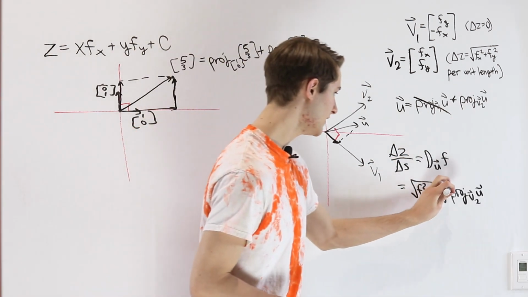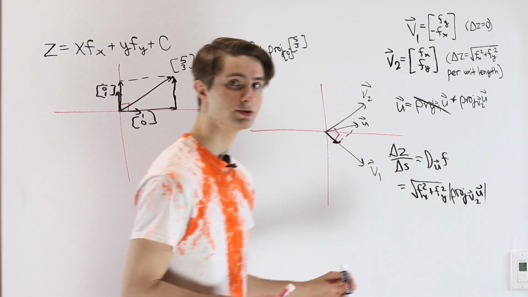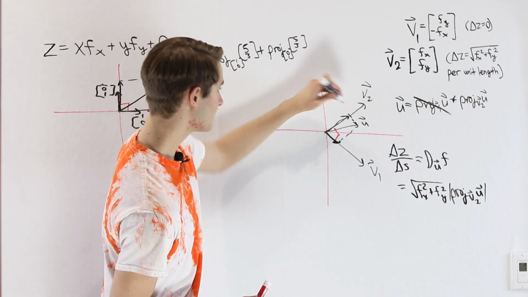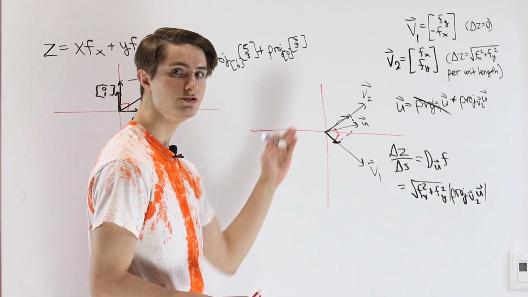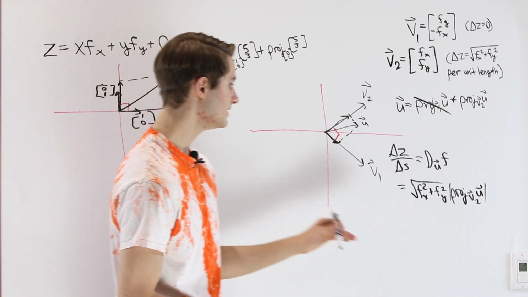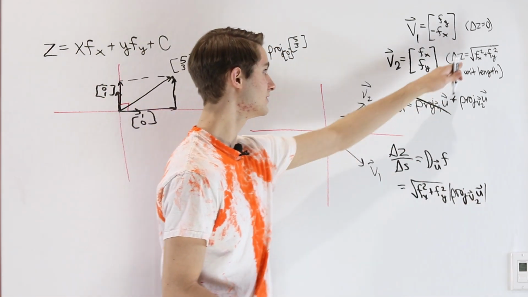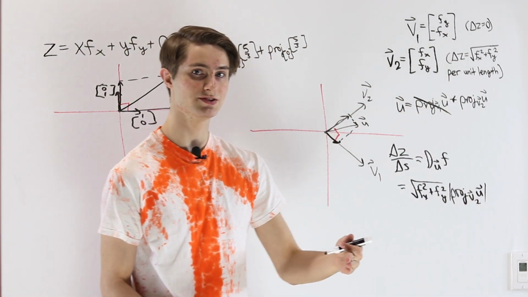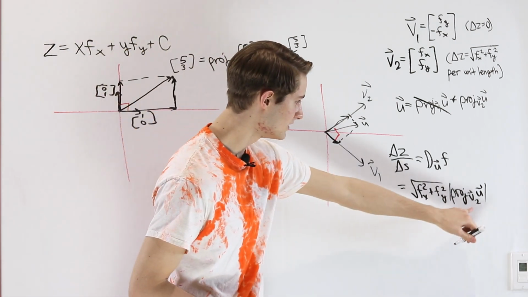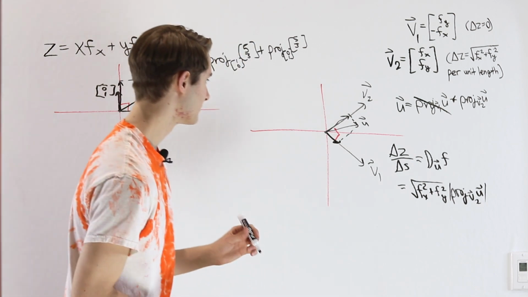The length, the magnitude of this vector projection here of u onto v2, is talking about the distance that u travels in the direction of v2. So if we take the distance times the change in z per unit distance, that's going to give us our directional derivative. All that's left is to figure out this part right here.